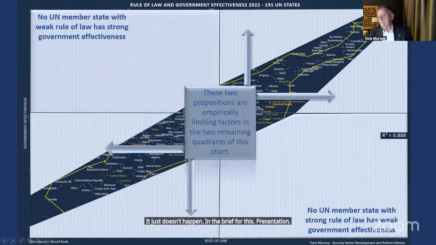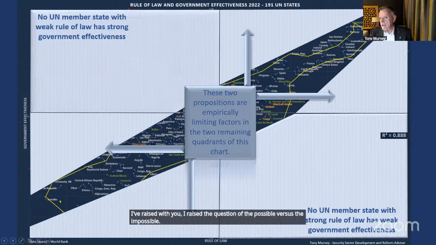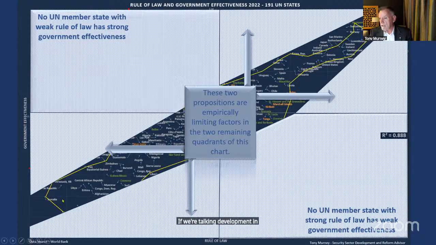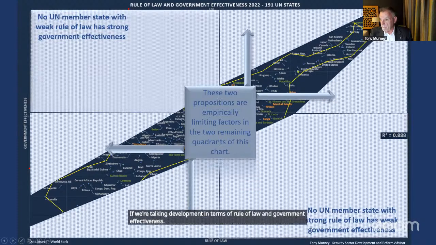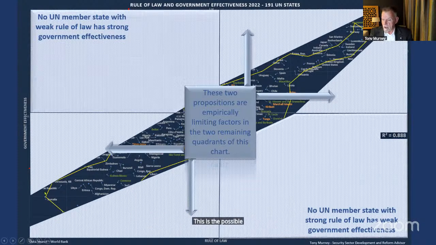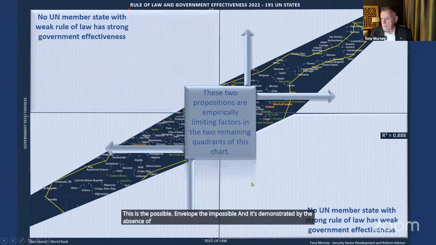And in the brief for this presentation, I raised the question of the possible versus the impossible. If we're talking development in terms of rule of law and government effectiveness, this is the possible, this envelope. The impossible, and it's demonstrated by the absence of any nation state in these parts of the chart, is in these areas.